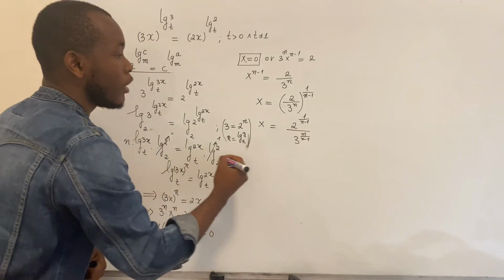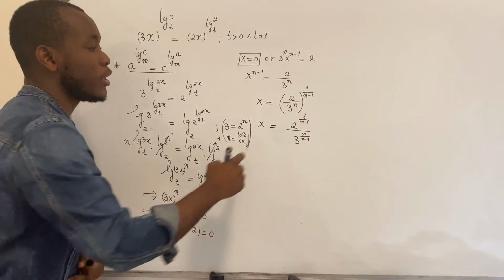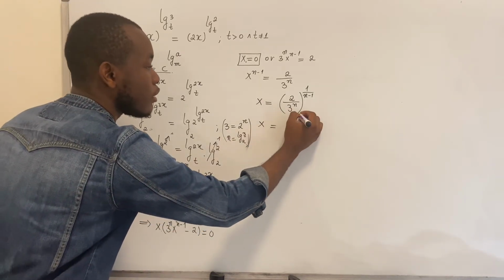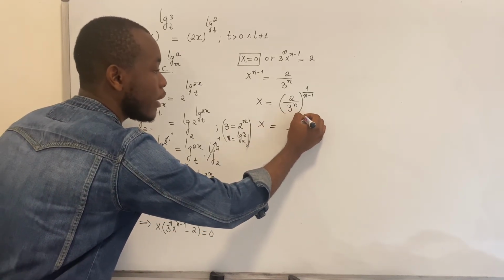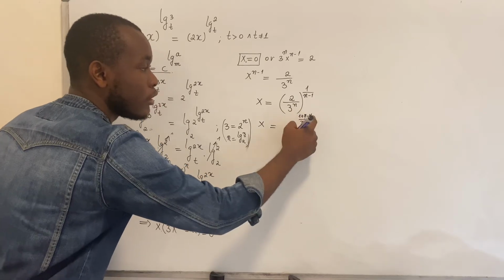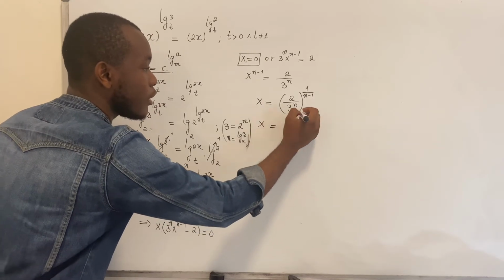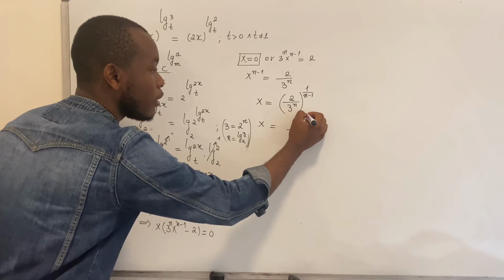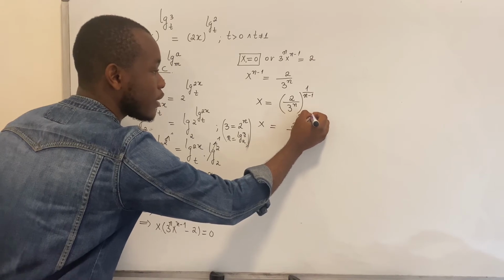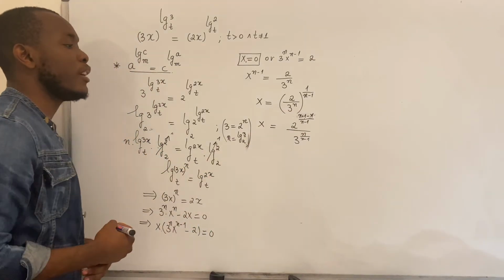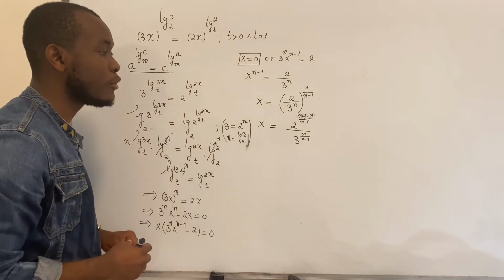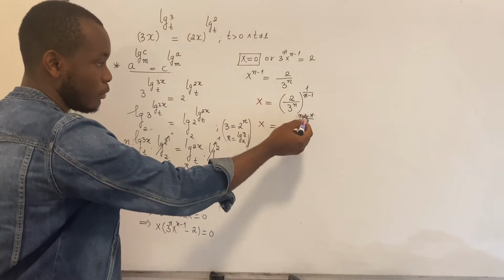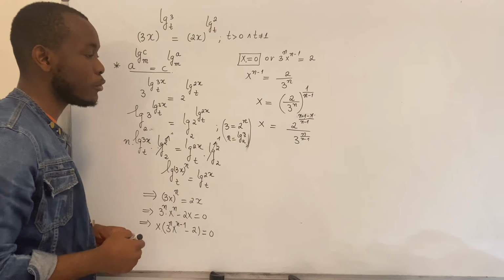Okay. Now, for this 1, we can say it is 1 plus n minus n. So it's the same as writing n minus 1 or n plus 1 minus n. We can simplify n and we are still left with 1 as we have here, which is the exponent of 2.